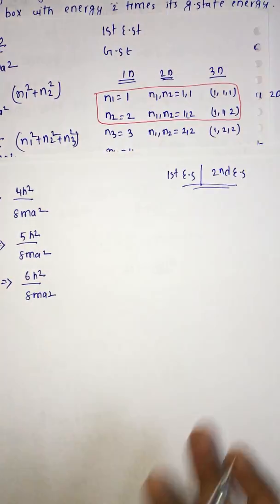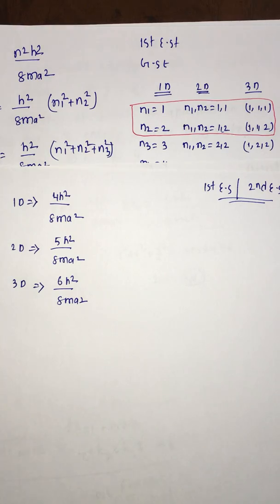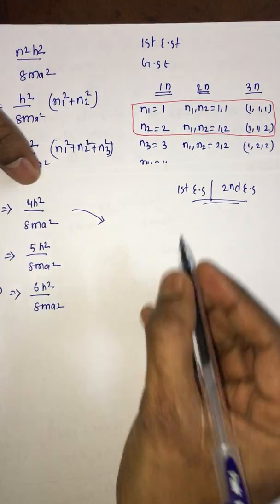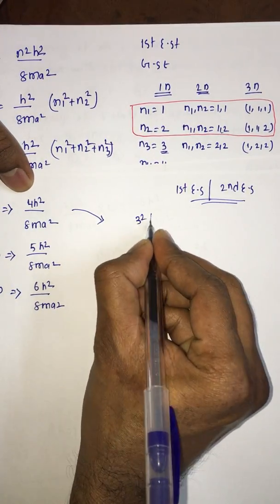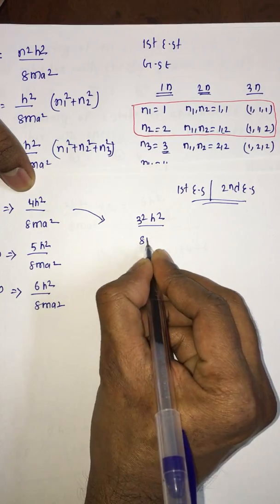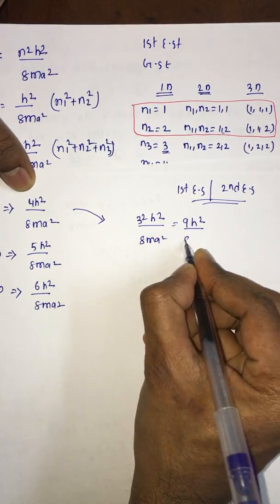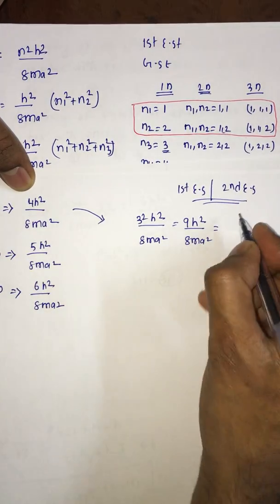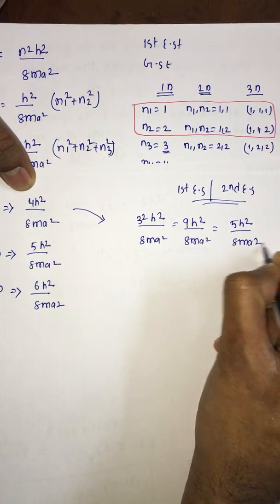So you have to remember these values so that it will be very easy. For 1D, the second excited state is n equals 3. So 3 square h square by 8 ma square, this comes out to be 9h square by 8 ma square. And the energy difference with this one will be 5h square by 8 ma square.